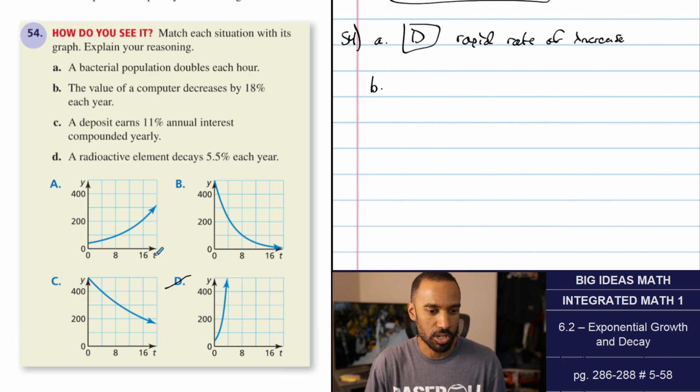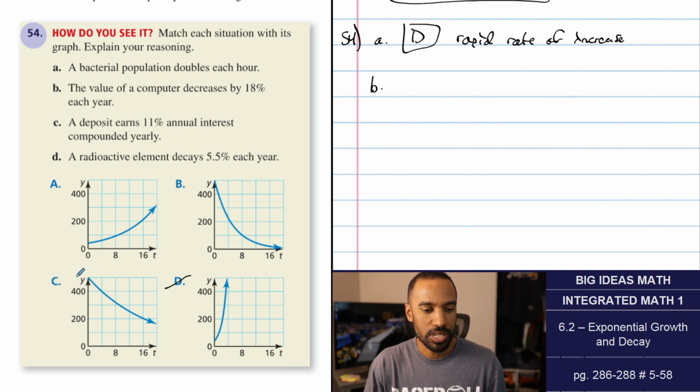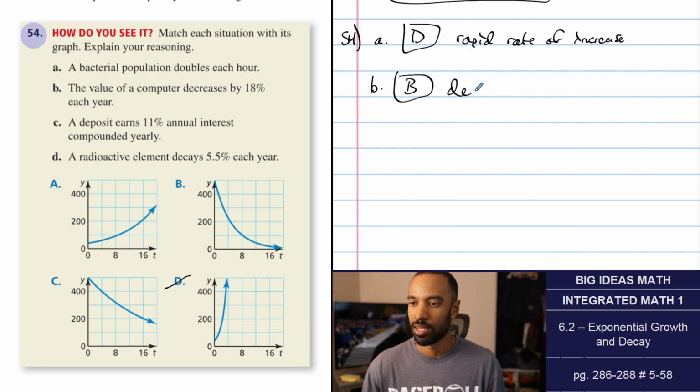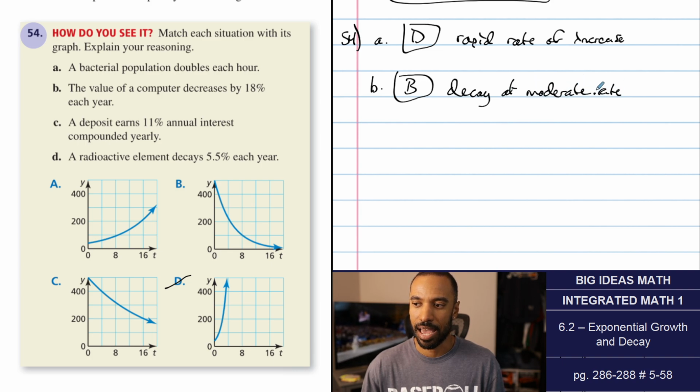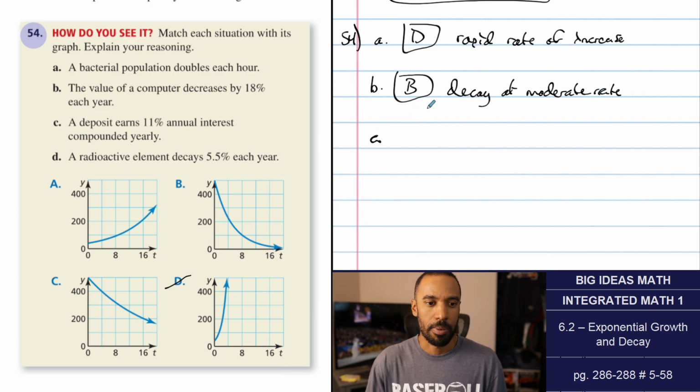And all the scales are the same. This goes 8 and 16, etc. So C lessens less, B lessens more. So part B is graph B, decay at moderate rate, compared to that of D. Part C is the deposit earns 11% annual interest compounded yearly.